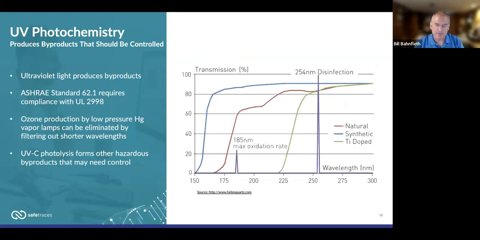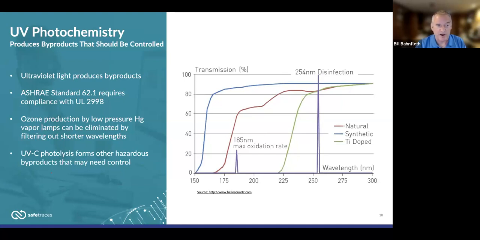And so that's what I want to say about performance and air distribution related effects. There's one other thing we need to talk about here in terms of HVAC, which is what we're going to do about the recent discussions of UV photochemistry, which starts with ozone but includes other things. We've known for a long time that low pressure mercury vapor lamps potentially produce a wavelength of 185, a strong line there that can produce ozone.